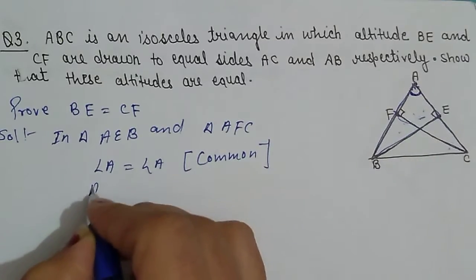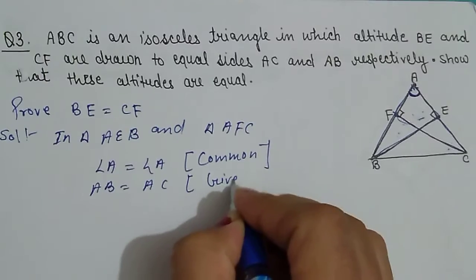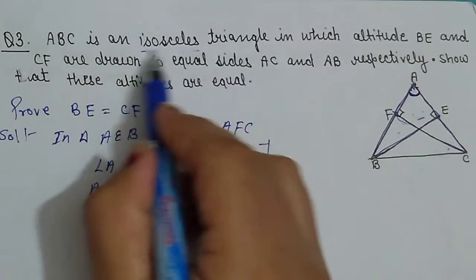Next one is AB is equal to AC. Why? It's given to you because this triangle is an isosceles triangle.